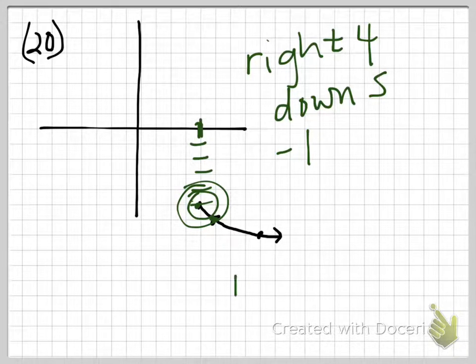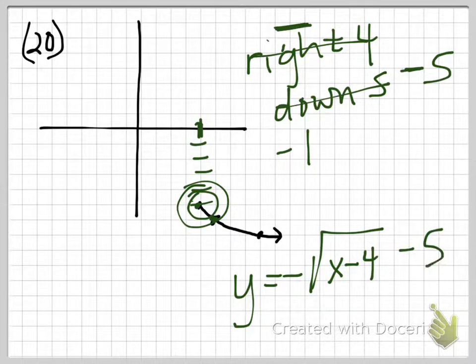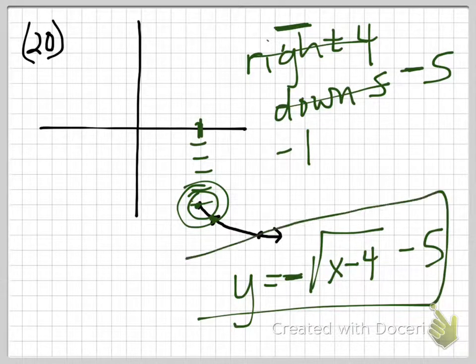If I write this equation, I'm going to say y is negative 1 square root x minus 4, because right means minus, and down 5 means minus 5, so we're going to have minus 5 at the end. So negative square root x minus 4 minus 5.